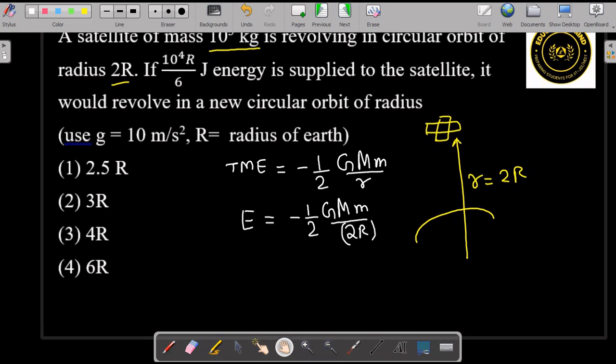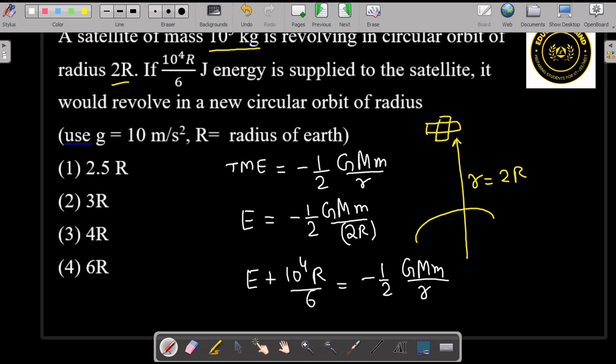Finally they are saying that we are adding some energy. So in this energy we are adding 10 to the power 4 R by 6. Now finally it will be minus half GMm by some radius r. That is what we need to calculate.